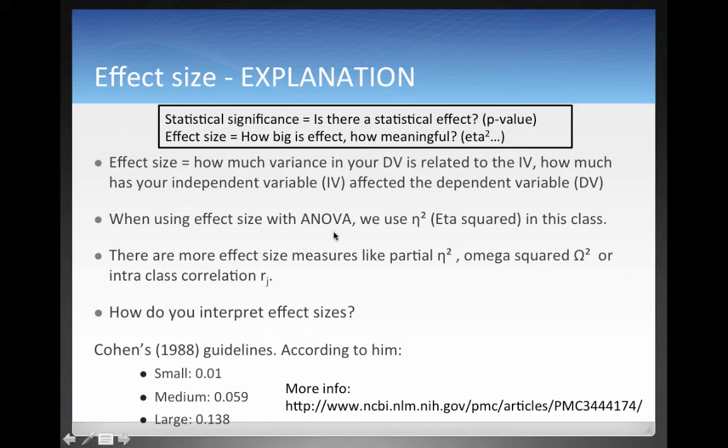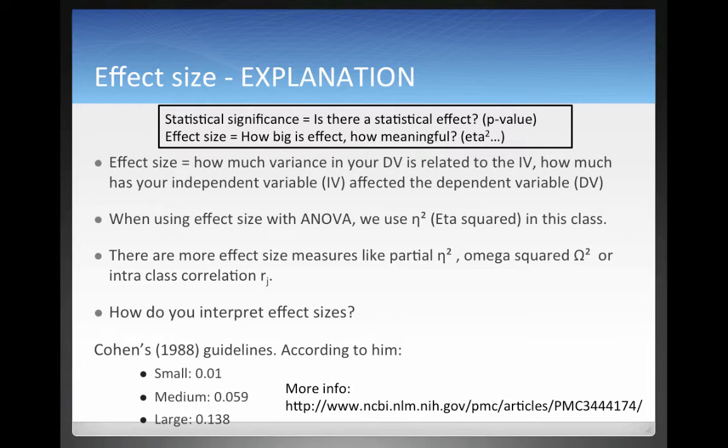And when we do the ANOVA, we use an effect size called eta squared. In this class we'll be using that one, but be aware that there are a lot more different effect size measures. So for example, partial eta squared, omega squared, or also the intraclass correlation.